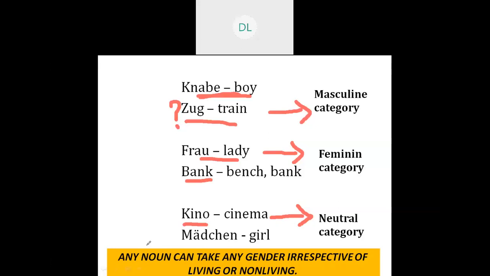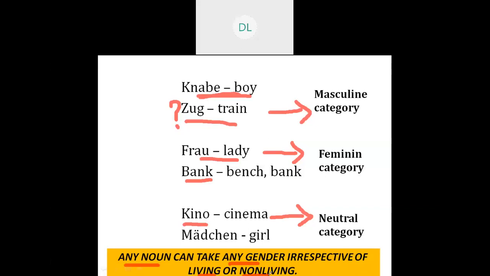In German, what is the rule? Any noun can take any gender. Any gender means masculine, feminine, neutral, irrespective of living and non-living. That is, I won't be deciding on the criteria of living and non-living.